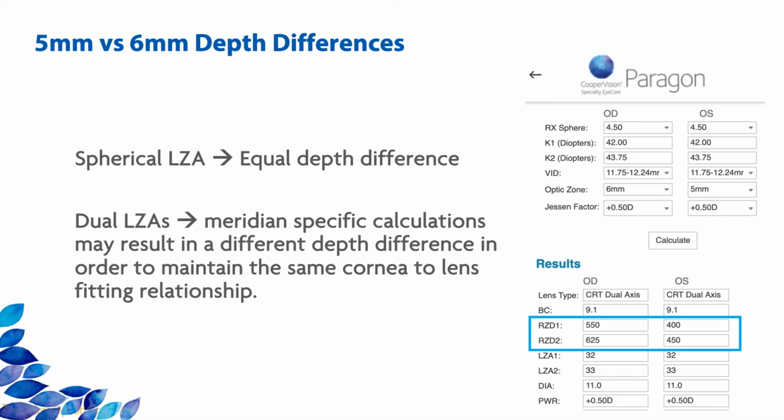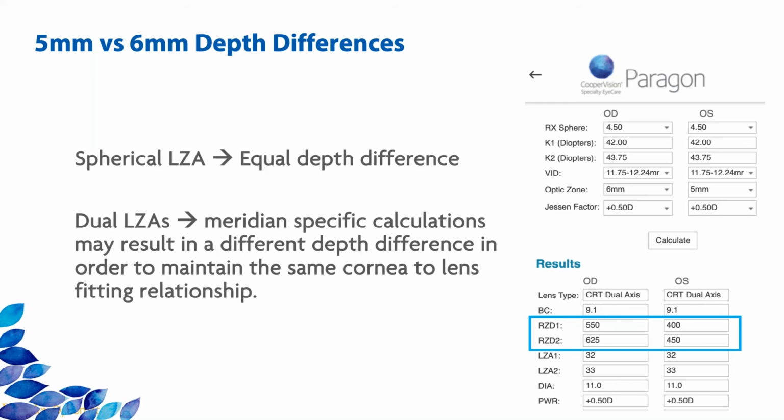And same thing applies for superior or inferior decentration. Again, in CRT lenses, superior decentration is more common than inferior decentration, and usually that indicates that we need to increase the RZD too. And so for both 5 and 6 OZ lenses, we increase RZD2 with a 25 micron step.